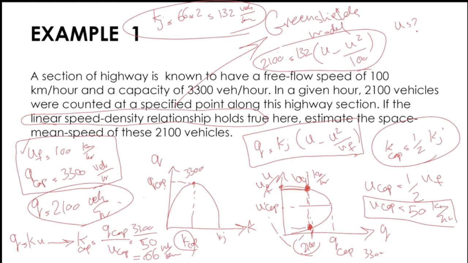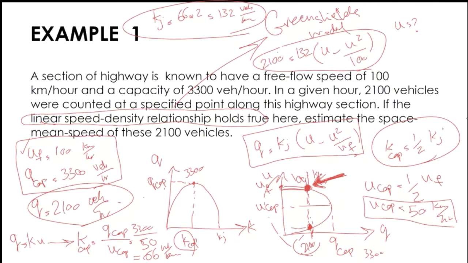Look, if we are in the uncongested regime, the road is not very crowded. The flow is relatively small, lower than capacity. So speeds are going to be high. When I solve this equation, one speed that I get will be on the uncongested branch. But when the road is congested, there's too much traffic. The flow is lower than capacity not because there aren't enough cars on the road, but because there is congestion.